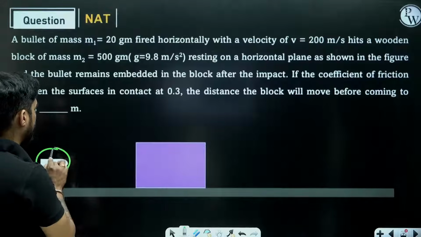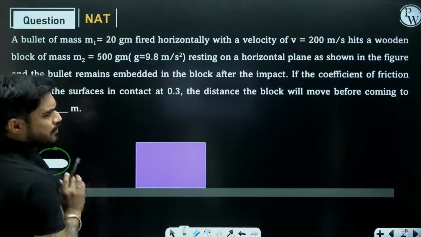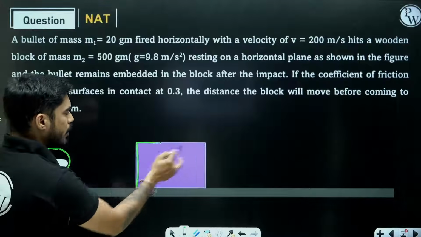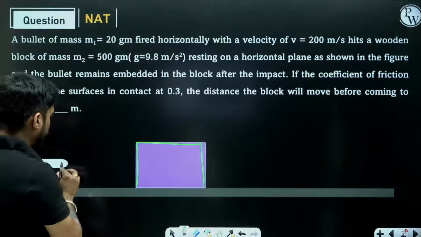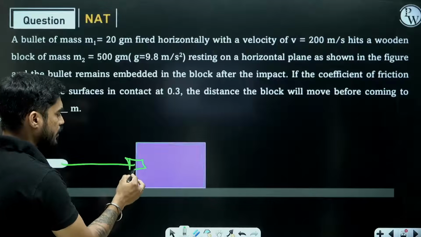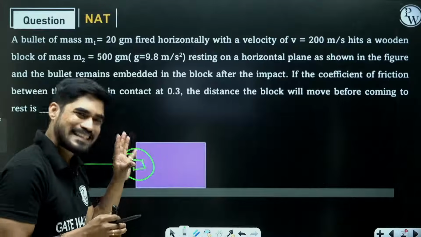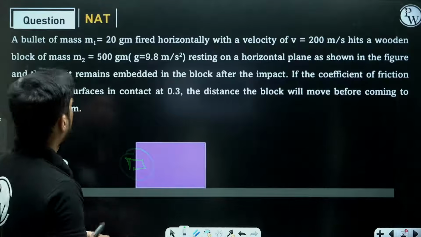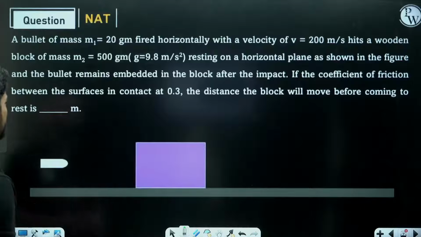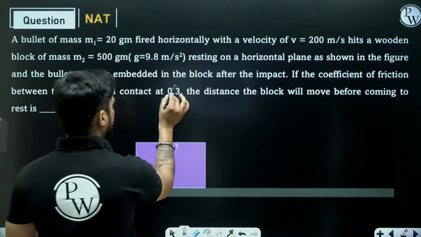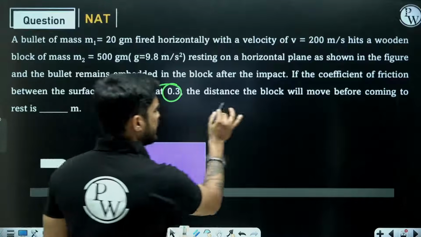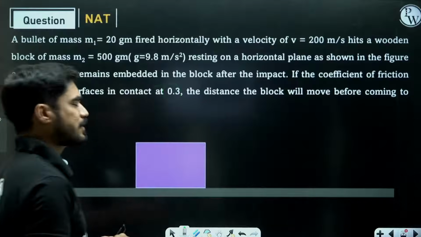This bullet is moving with a velocity of 200 meter per second and this block is at rest. Now when the bullet hits this block, it remains embedded in the block, means it gets stuck in the block. If the coefficient of friction between the surfaces in contact is 0.3, the distance the block will move before coming to rest is.